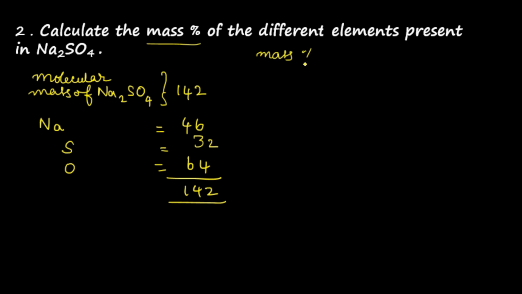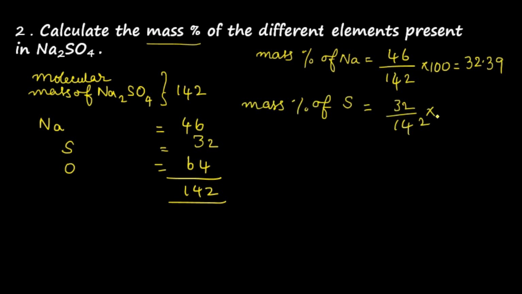Mass percentage of sodium is equal to 46 upon 142 into 100. That will be equal to 32.39. Mass percentage of sulfur will be 32 upon 142 into 100. That will be equal to 22.54.